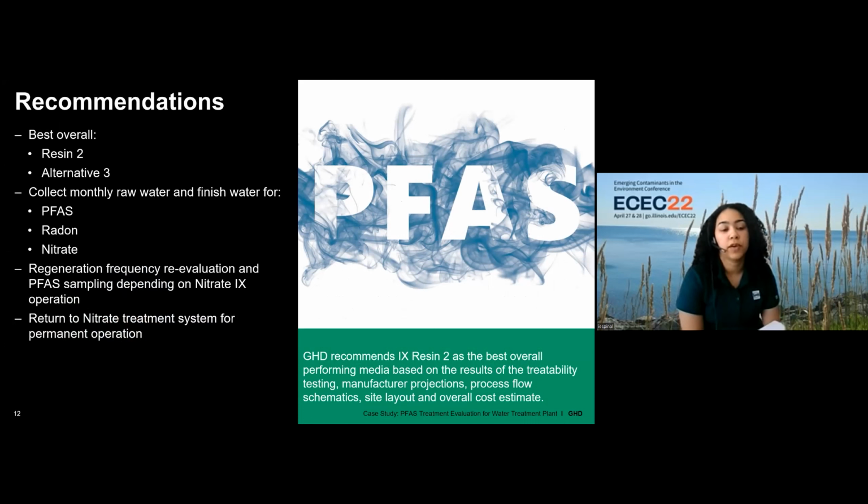We also recommended to the client that they perform monthly samples for PFAS, radon, and nitrate. The radon specifically because it hadn't been evaluated since it had been put in place. And so that along with the nitrate needed to be reevaluated to see if there was still a necessity for that treatment in their process.